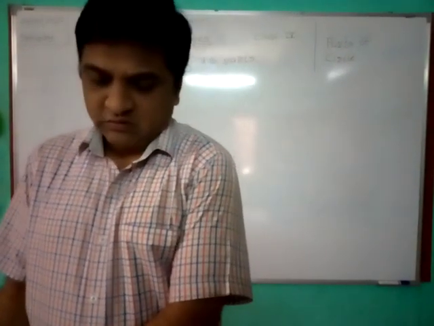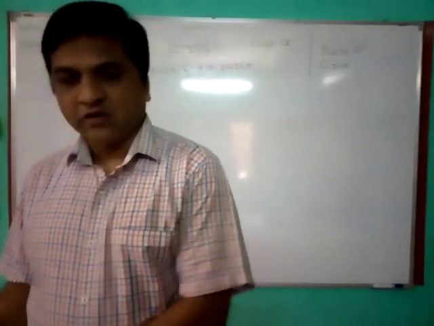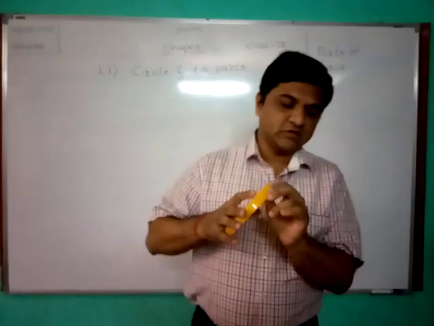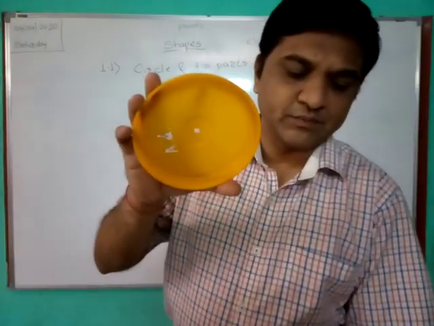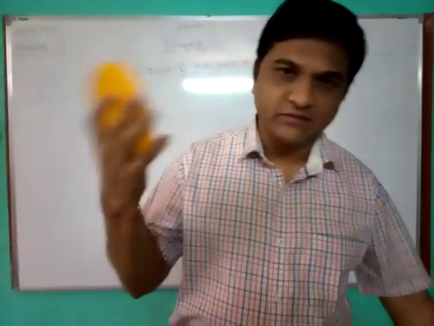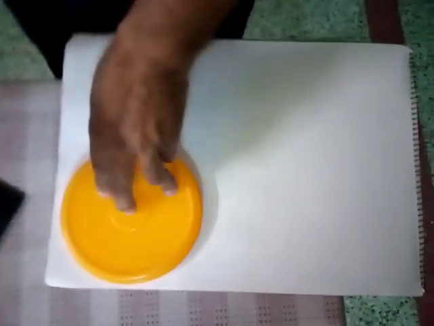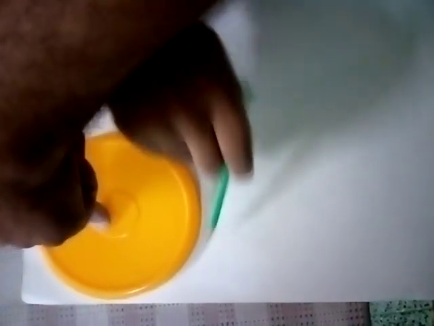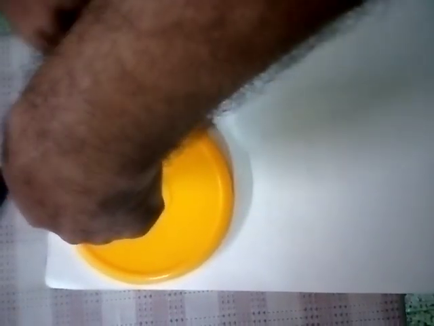the human life. So first of all, I am going to use the cap of a jar for tracing or drawing a circle. We'll cut that circle out of the paper and we'll see what the different parts of the circle are. So first of all, I'm going to trace a circle with the help of the cap of a jar.